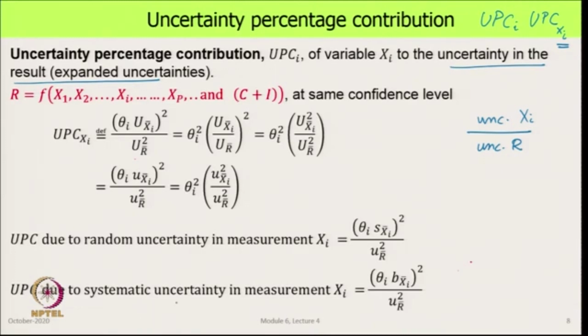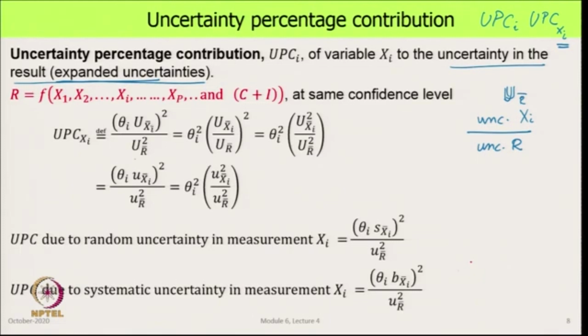So, our formula becomes UPCXI is defined as theta I UXI whole square upon U R bar square. U is capital, which tells us this is the expanded uncertainty. So, that means our U R bar is our final answer of the uncertainty in the result, and we are asking what fraction of that came from every individual measurement that we had in the apparatus.